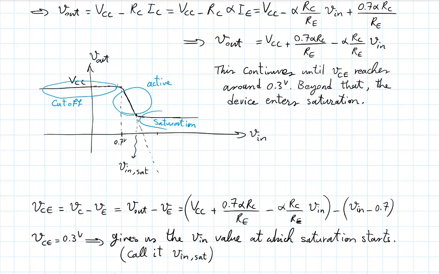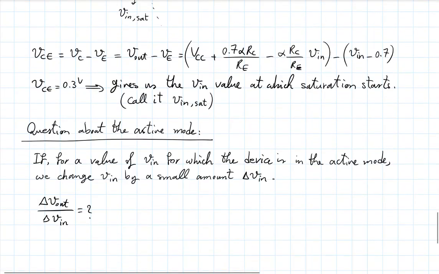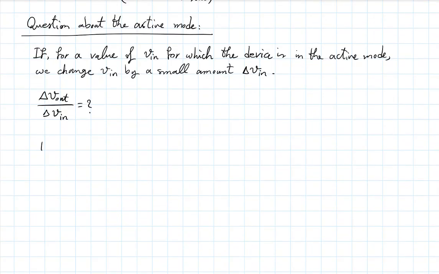That's right, with a negative sign, times alpha, which is almost 1, right? Because look, call this equation 1. If you're in the active mode, that's the relationship.